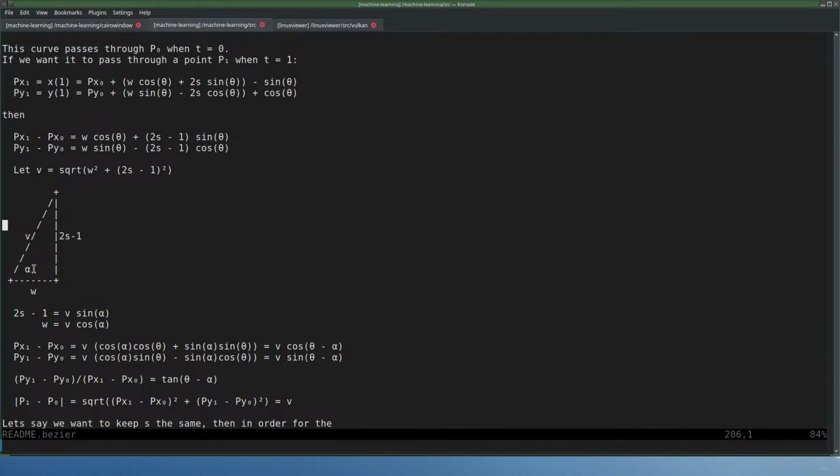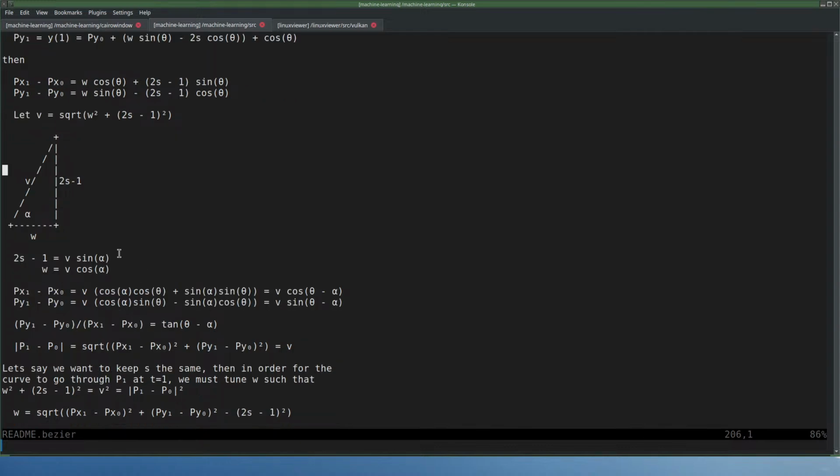So you have a new angle here, alpha. And then we can write that 2s minus 1 equals v times the sine of alpha, and w is v times the cosine of alpha, which then allows you to replace these variables with cosine and sine of alpha, respectively.